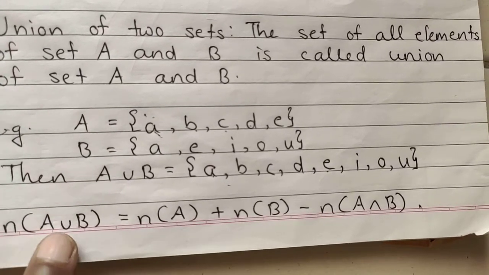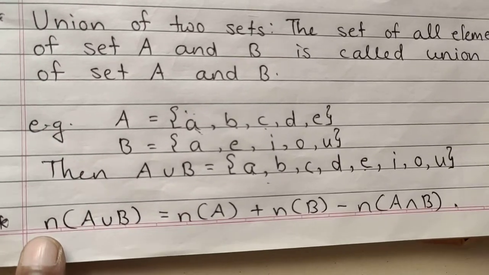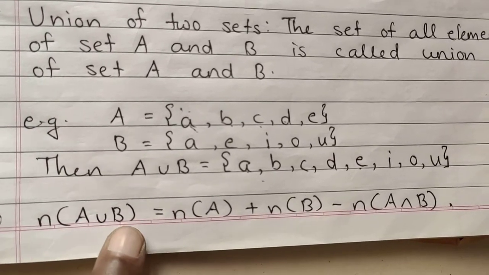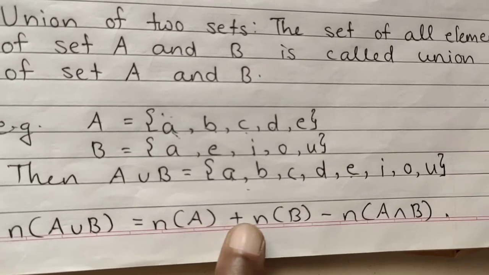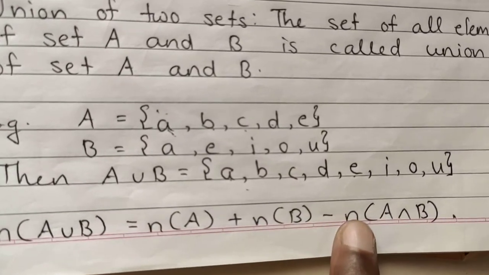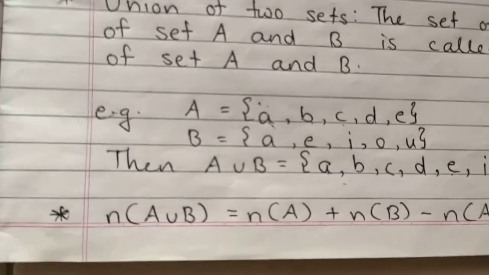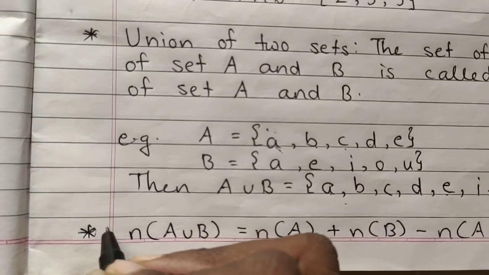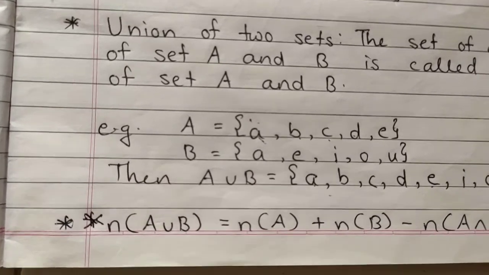Number of A union B. How to read it? See, number of A union B is equal to number of A plus number of B minus number of A intersection B. This is the formula for your next exercise, that is 1.4, and you have to remember this formula.